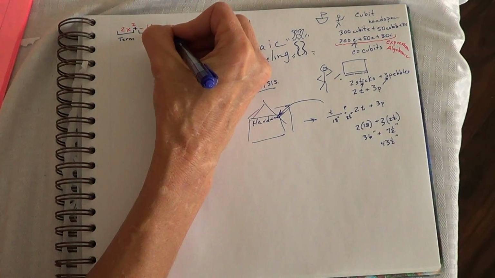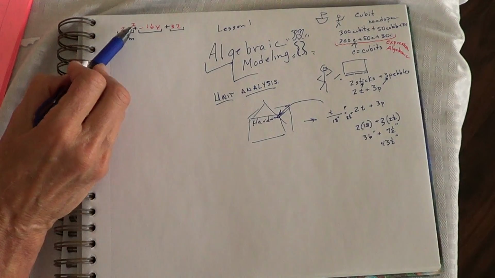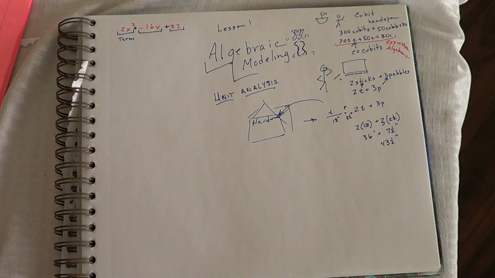There's another term, and there's the final term. So terms are separated by addition signs. Okay, this is 3 terms. We call that, I'll just give you a heads up for later on, a trinomial. It is a trinomial because it has 3 terms in it.